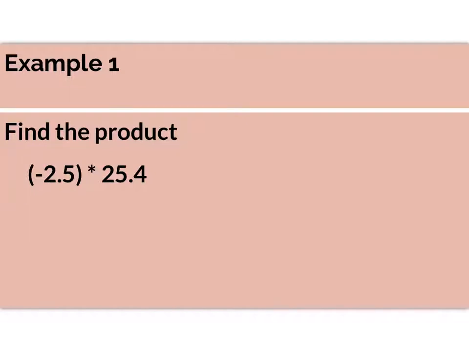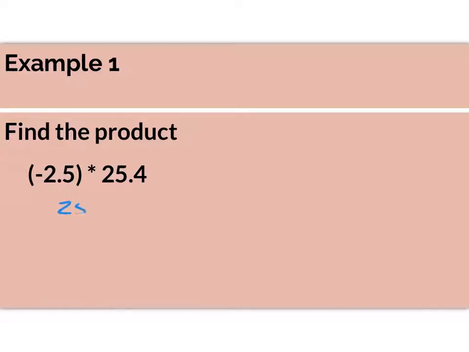Okay, so example 1, find the product. Now, multiplying and dividing decimals is different than adding and subtracting them. So when we multiply and divide decimals, we don't worry about place value until the very end.